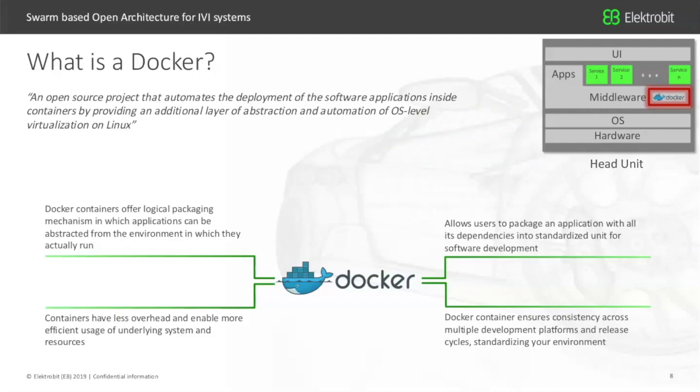It is one level above the hypervisor. A hypervisor provides you a hardware level abstraction, but this provides operating system level virtualization. Linux has this feature, and Docker uses features like cgroups and namespaces to realize this.